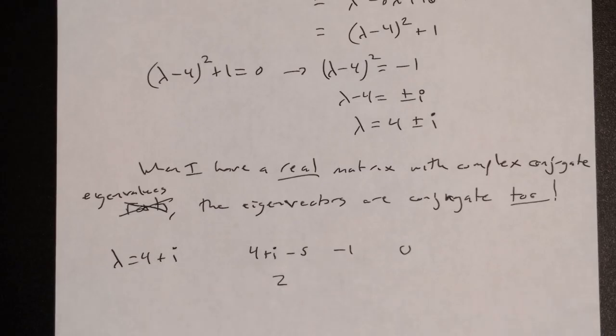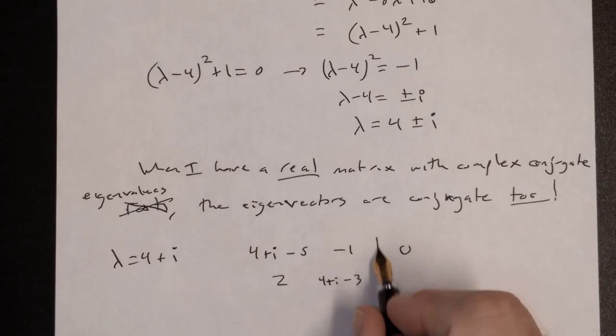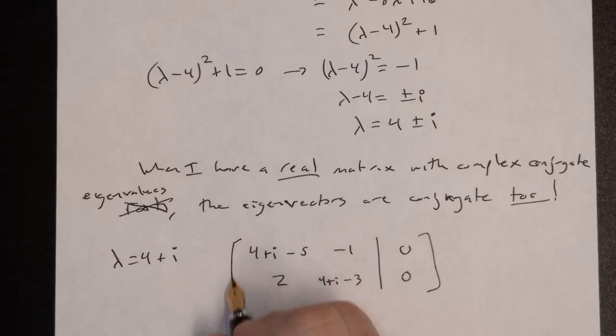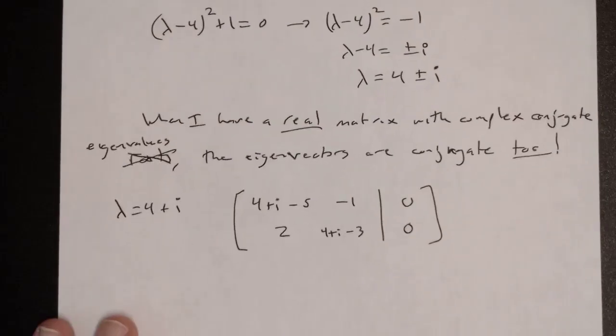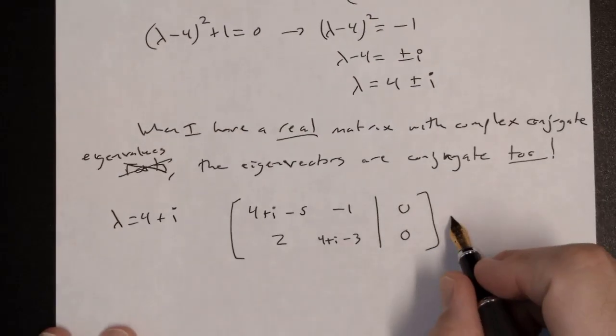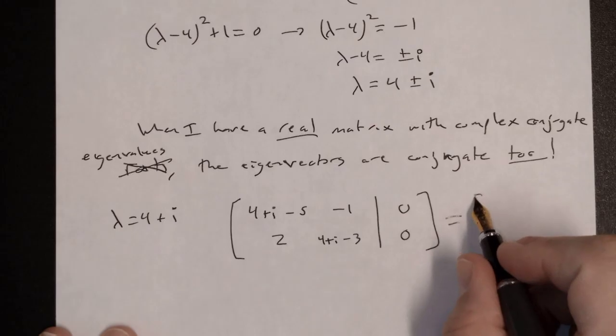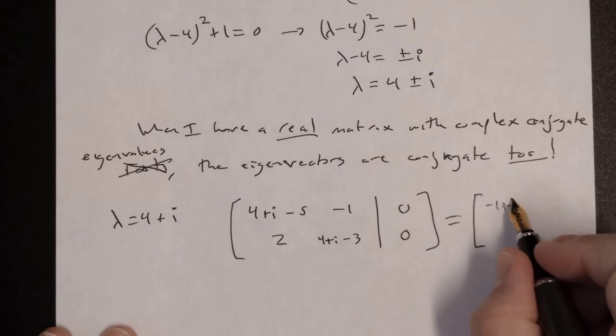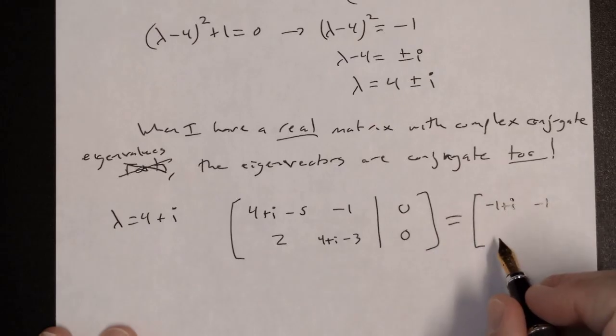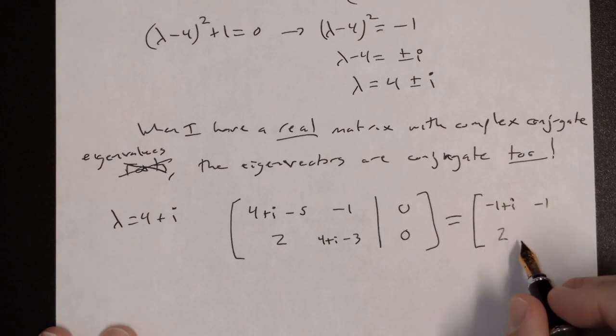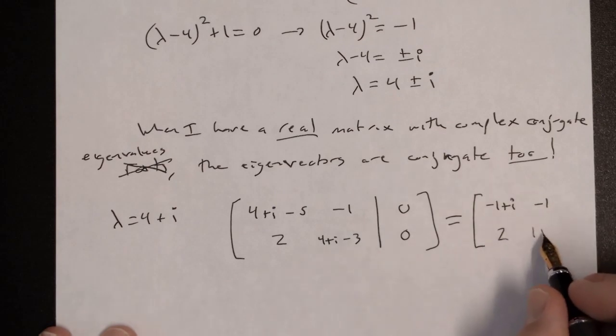And lambda minus 3, 4 plus i minus 3. 0. I've got to fix this. This is minus 1 plus i, minus 1, 2, 1 plus i.